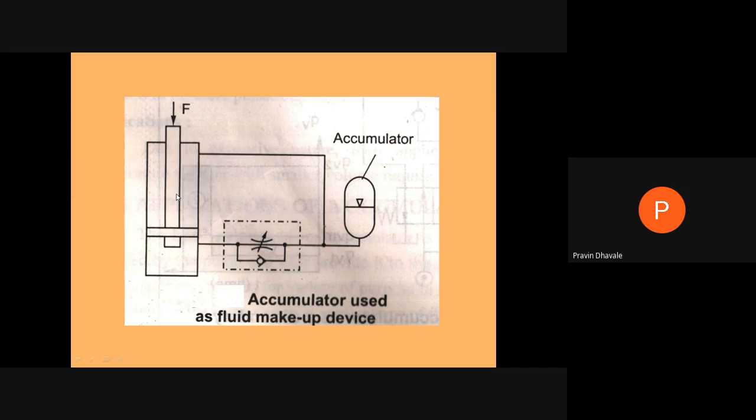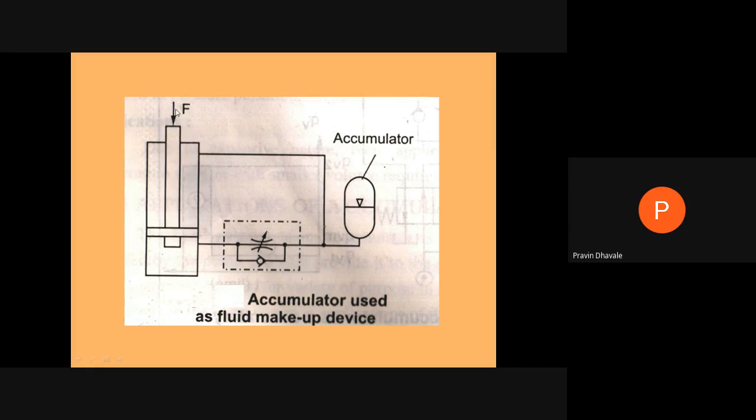There will be a difference of 5 meter cube of volume. As the piston moves in the downward direction, we get 15 meter cube of volume. It will be reaching the upper side, but no space is available to accommodate 5 meter cube of volume. That surplus 5 meter cube of volume will get stored in an accumulator.